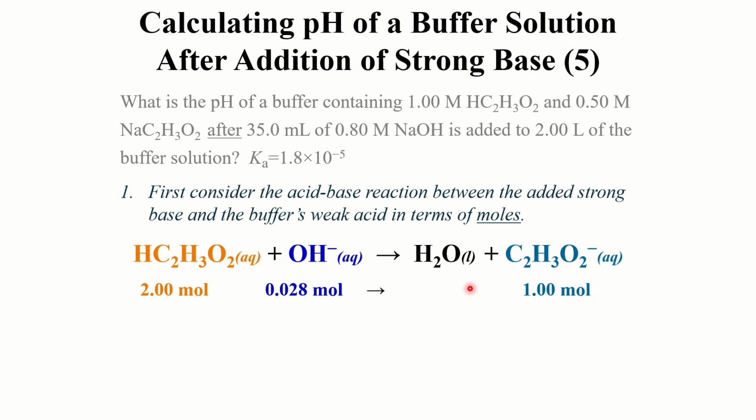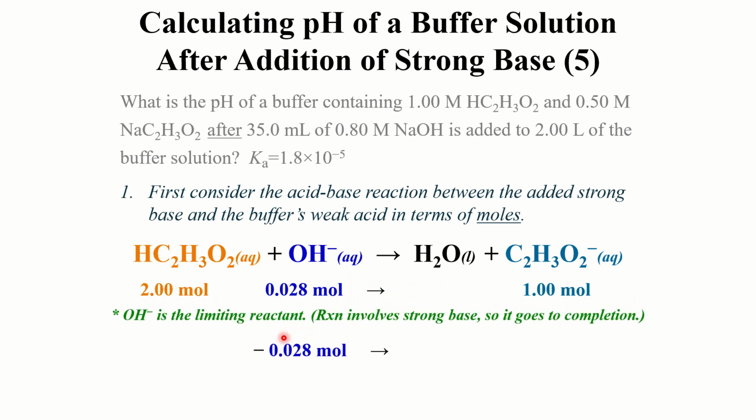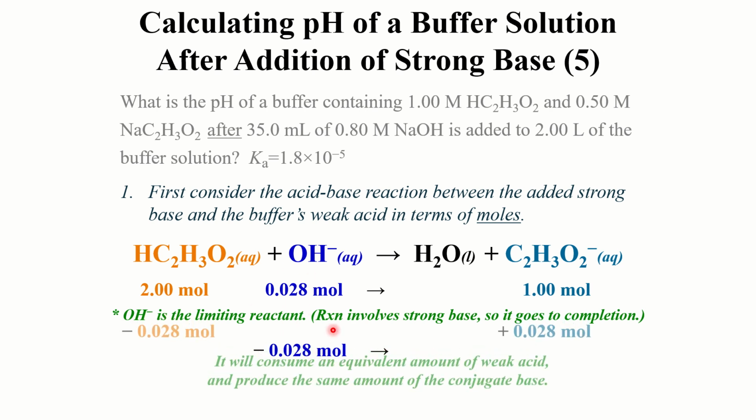Now let's consider the reaction that's occurring here. So we're kind of doing an ICE table here, but because we've got a strong base, this reaction is going to go to completion. So OH is the limiting reactant, and all of that 0.028 moles of the hydroxide gets used up.